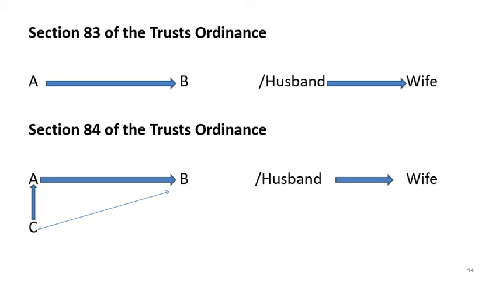That's why it is known as the presumption of advancement. If it is within the loco parentis relationship, then there is a presumption of advancement.